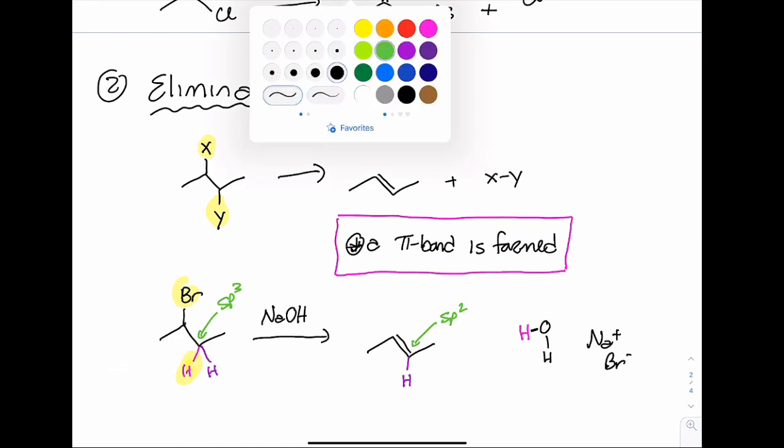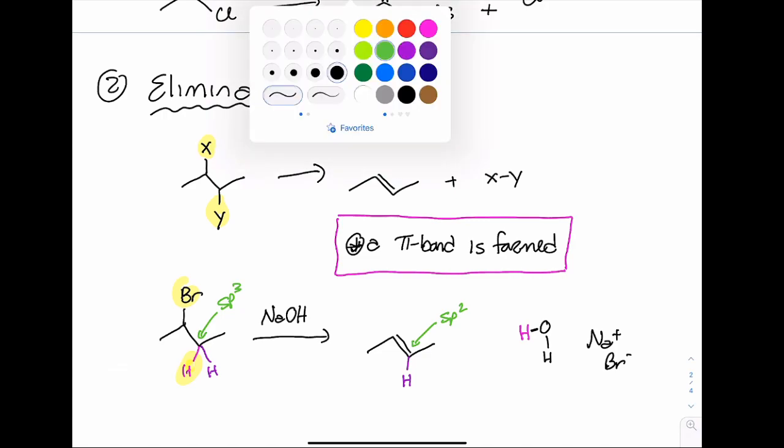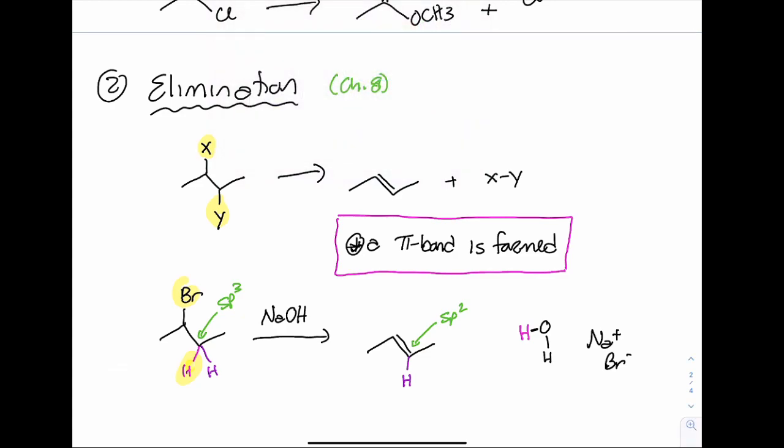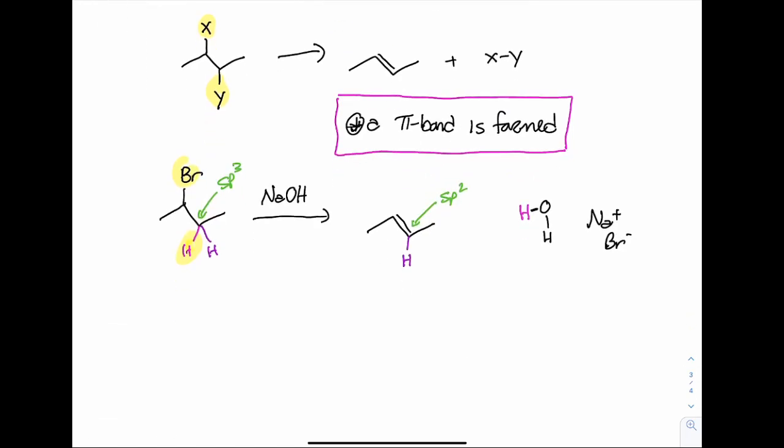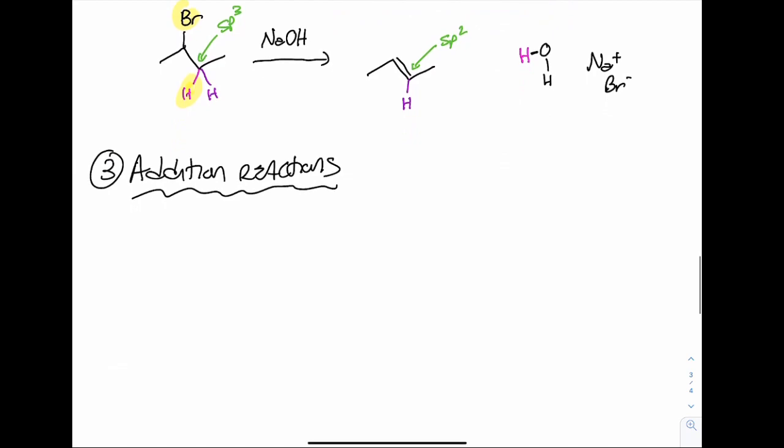Our next type is an addition reaction, and honestly, addition reactions are really just the opposite of our elimination reaction. If I was to take my arrow from my last example and turn it around, addition. So for these ones, we're actually breaking a pi bond, right?